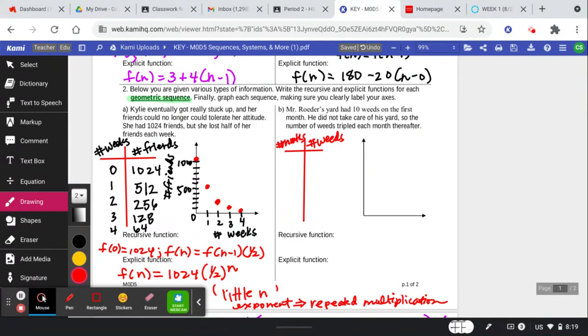His yard had 10 weeds in the first month, and he didn't take care, so it tripled each month thereafter. So 10 times 3 is 30, 30 times 3 is 90, 90 times 3 is 270, 270 times 3 is 810. Yikes, we're getting up high.